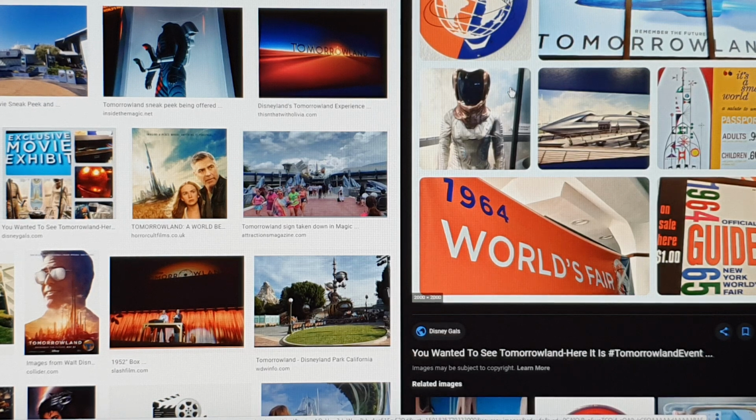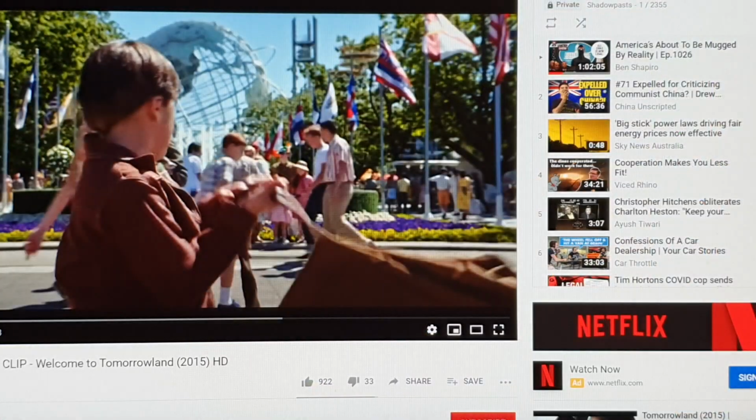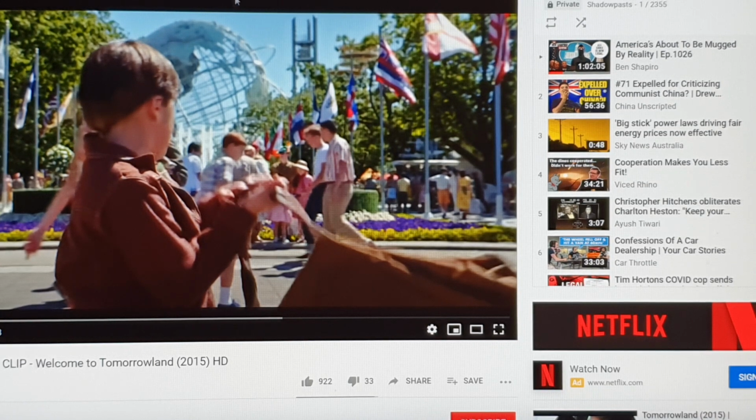Okay, so you can go there if you want. That's something from the film. As you see, they recreated it quite well, and the Unisphere, I don't think they had to. I think that's the real thing there, as far as I know. So they saved a bit of money there.